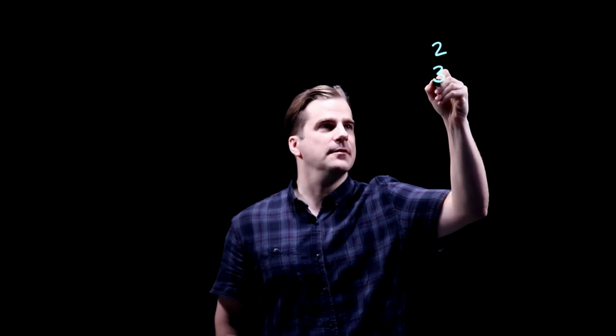I just want to briefly talk about the result we've just proven. We've just shown that the difference between the squares of two consecutive integers is equal to the sum of those integers. It's actually quite an interesting result. Bit of a mouthful, but what does it mean? Okay, let's take two consecutive integers, 2 and 3, okay?